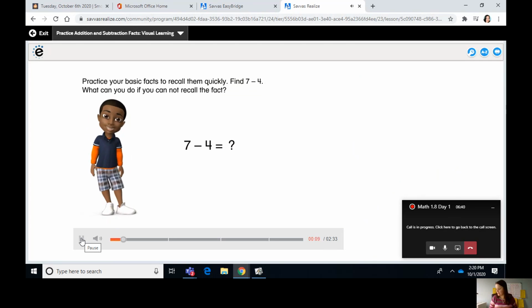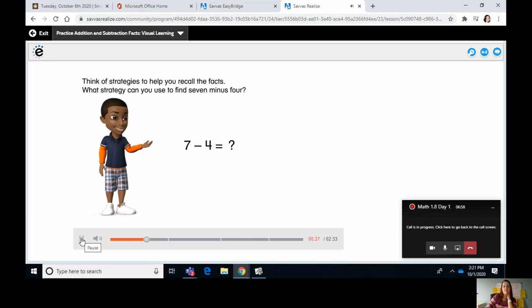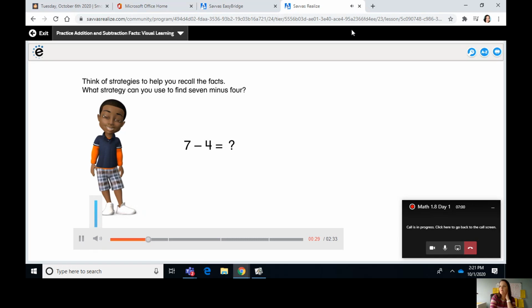Practice your basic facts to recall them quickly. Find 7 minus 4. What can you do if you cannot recall the fact? Think of strategies to help you recall the facts. What strategy can you use to find 7 minus 4?